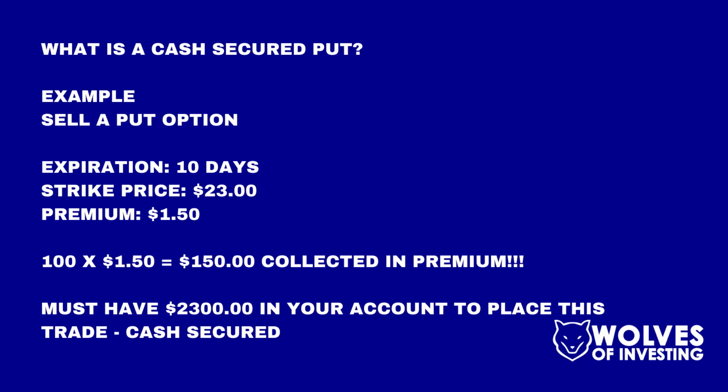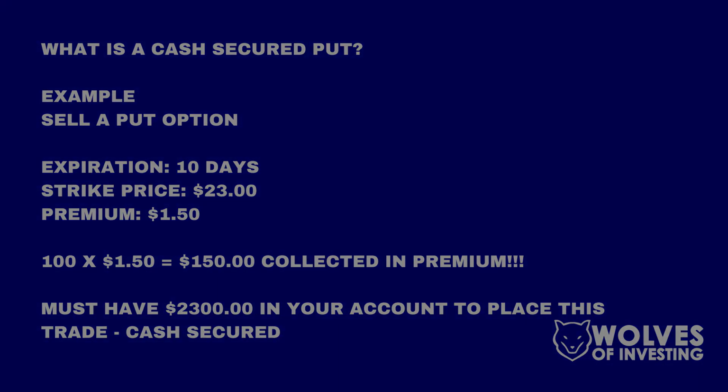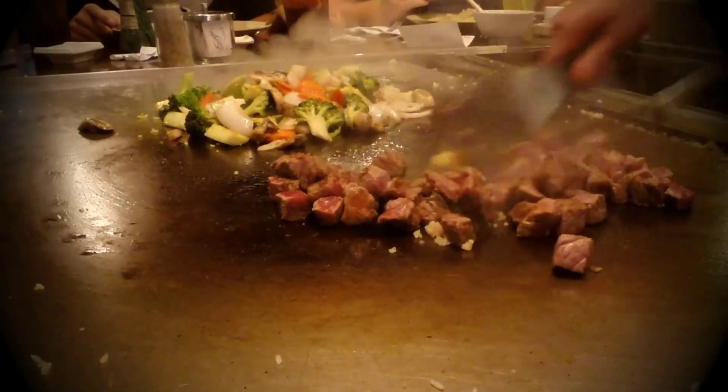If you're able to sell that put option for that $1.50 premium, then you'll immediately collect $150, which is just 100 times $1.50. That $150 is called the options premium, and it's yours to keep. You can use that $150 to pay down your mortgage, pay down your student loan, or buy yourself a fancy dinner. Whatever you want to use it for, it's your cash to keep.